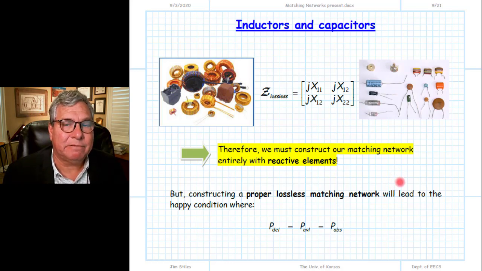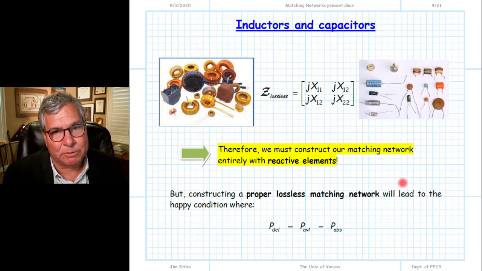It will be delivering power at the maximum rate possible. And since the device is lossless, that power delivered will also be absorbed by the load at the other end. A lossless matching network will ensure that all of the available power from the source is delivered, and therefore all of that delivered power is absorbed by the load.